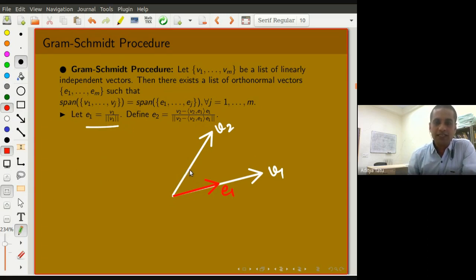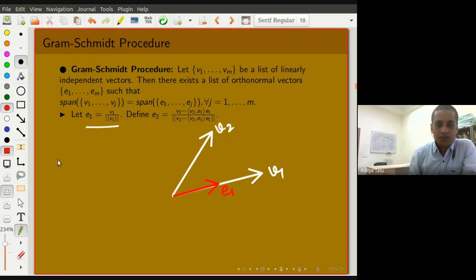We have already seen, I want E2 to be such that E1 and E2 span V1 and V2. Therefore, E2 must be obtained via a linear combination of V1 and V2. So what I can do is use the orthogonal decomposition of V2 along E1.